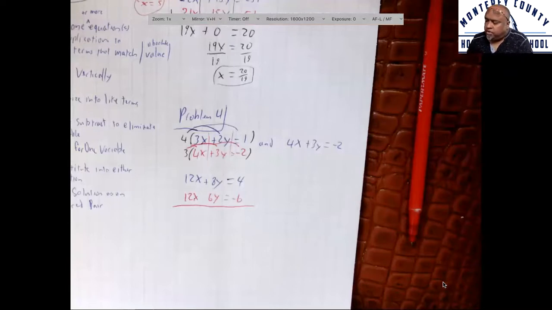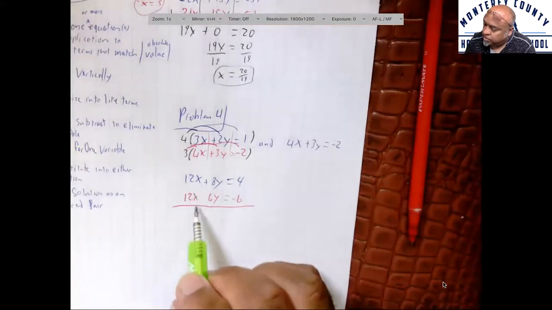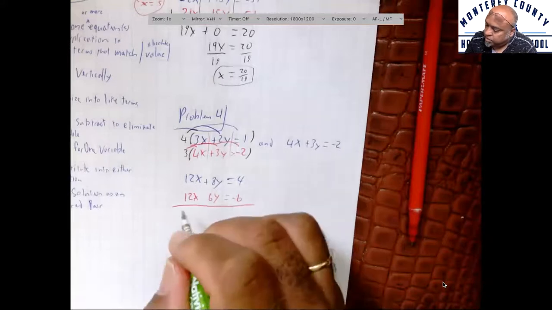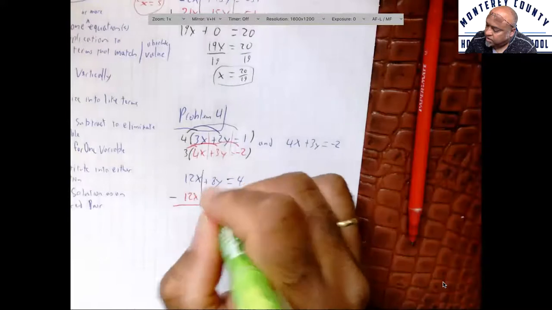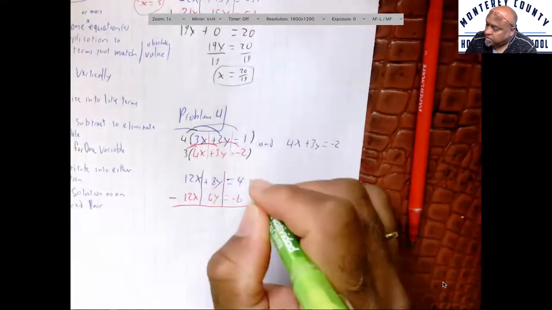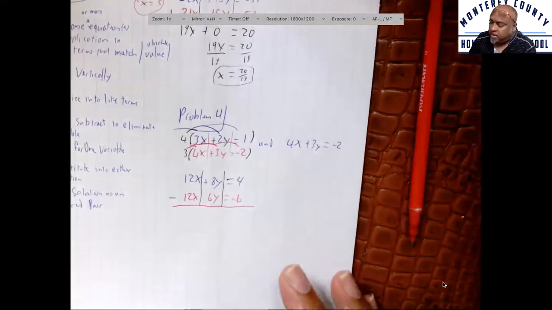So let me show you what to do with this one. Okay, so I have these two equations. 12x and 12x are both the same, in the sense not just that they have the same absolute value, but they are the exact same numbers. So I'm going to subtract because I'm going to eliminate the x.